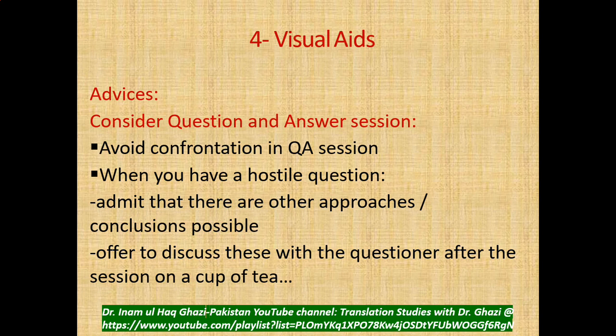The conclusions are possible, and so on. So offer to discuss these with the questioner after the session over a cup of tea. I think this is a very decent way to avoid confrontation in the question answer session. We don't have much time, so we can discuss this question when we meet over a cup of tea.